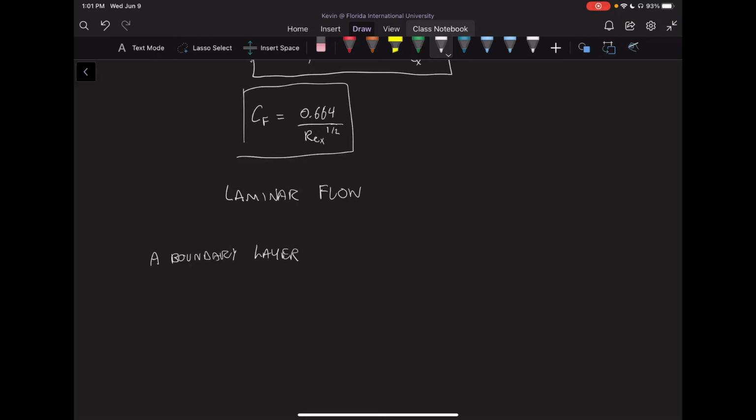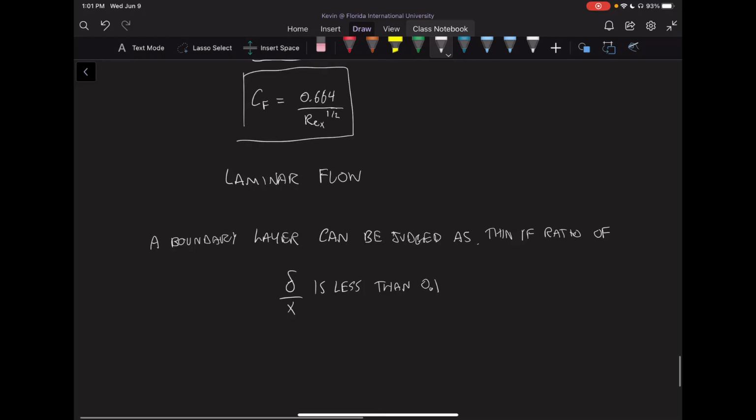Okay, so we're going to say that a boundary layer can be judged as thin if the ratio of delta over x is less than 0.1. So it has to be less than 0.1 in order for us to use the boundary layer theory.